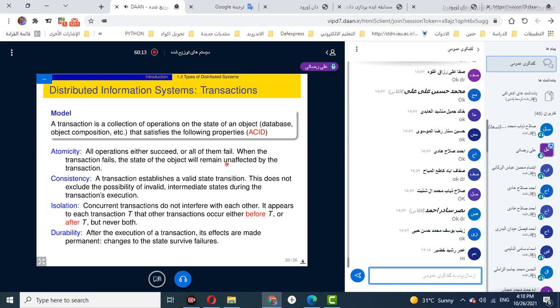And when it fails, we need the system to roll back to its previous status. Okay. So it seems that we don't have any hotel payments, and we don't buy any museum ticket.